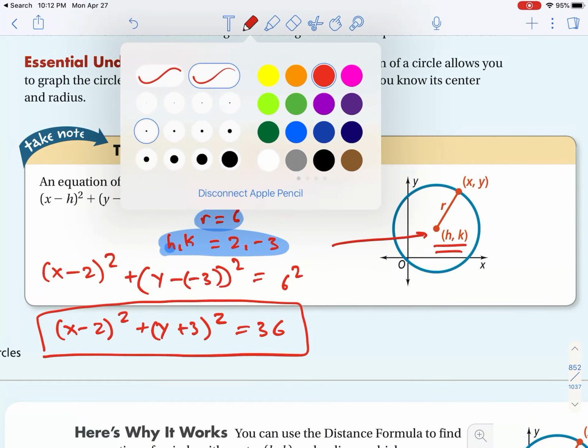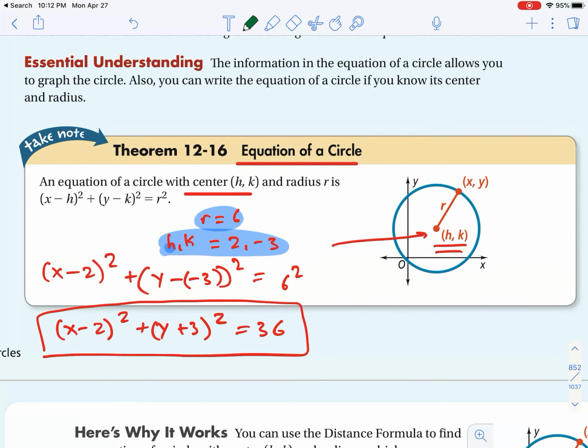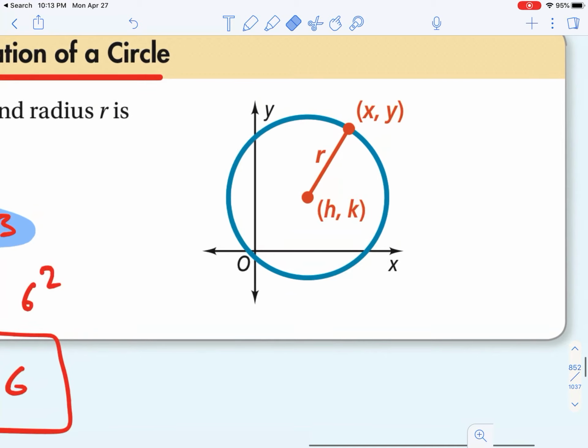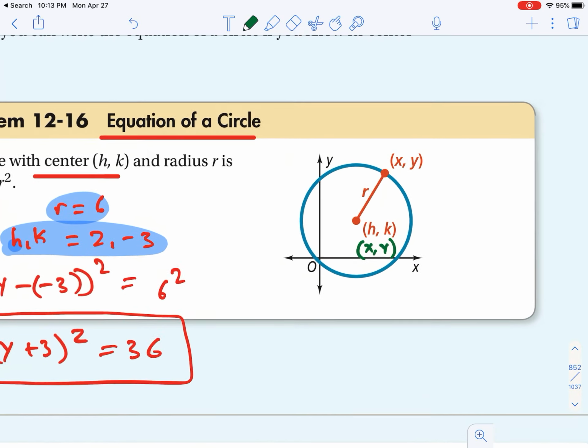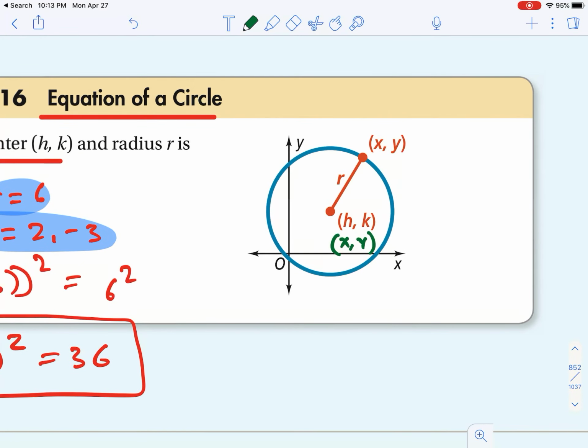One thing I do want to point out, though, is hopefully this looks a little bit familiar to you. If I zoom in on this, what is (h, k) really? (h, k) is just another x, y value, right? And what is r? r is just another value, and I'm going to call that distance.